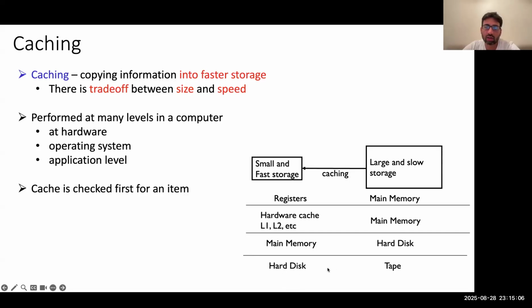Because the hard disk caches the data which you read from the tape, then main memory caches the data which you read from the hard disk, and so on and so forth, right? So when you are looking for an item, you first look at the upper level of the hierarchy. If it is found there, then fine. If not, then you bring it from the lower level of the hierarchy.